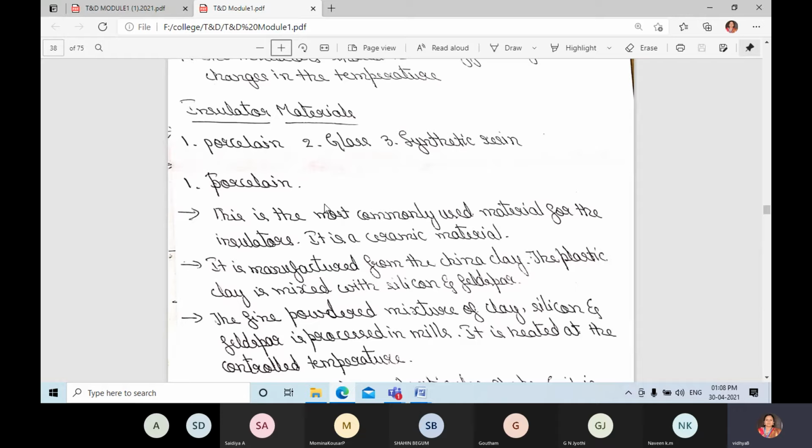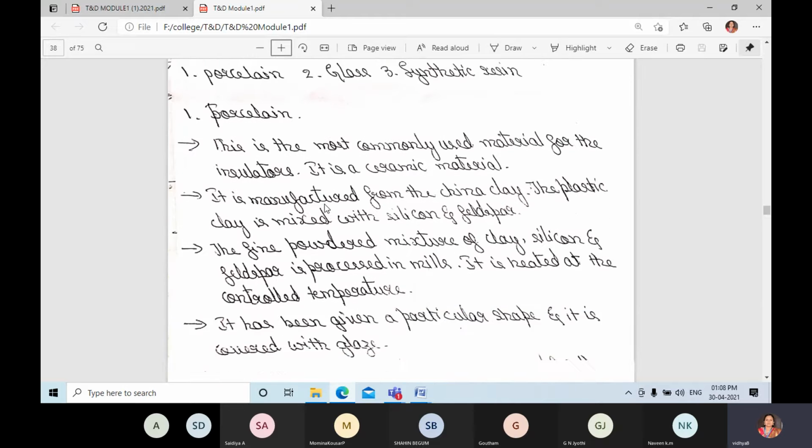It is manufactured from China clay. The plastic clay is mixed with silicon and feldspar. Using these three elements, the porcelain is manufactured.